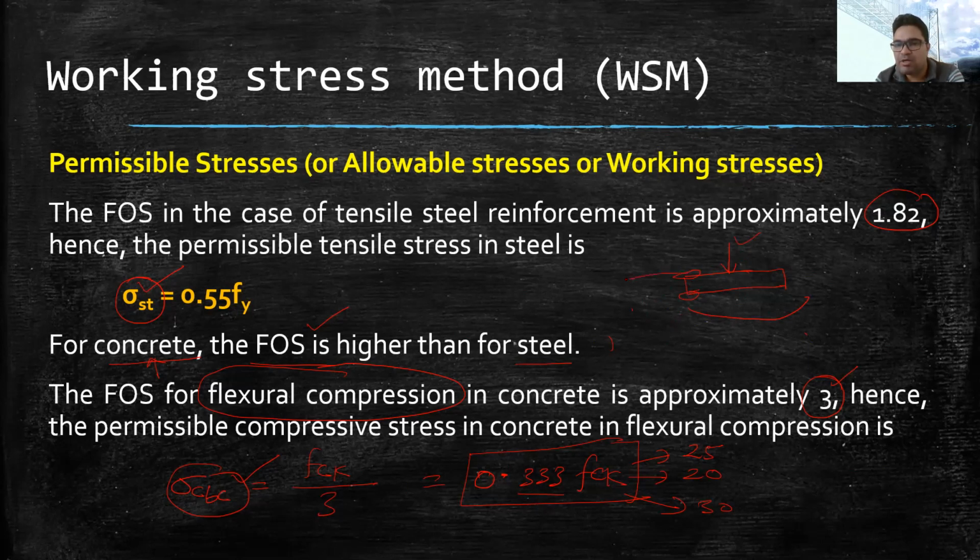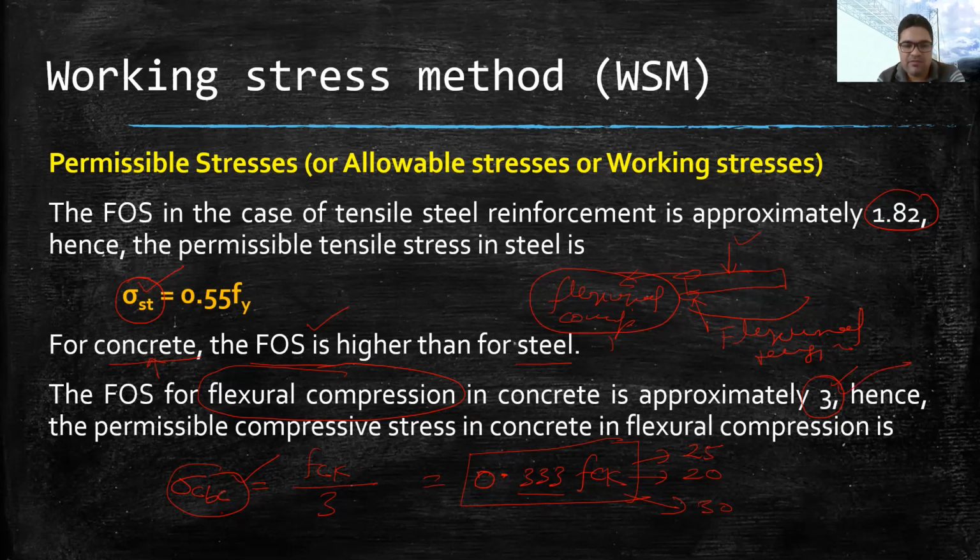So this compression will be called flexural compression, because this compression occurred because of the bending of the material. And this tension because of the bending of the material will be called flexural tension. So in case of flexural compression, the safety factor will be 3.